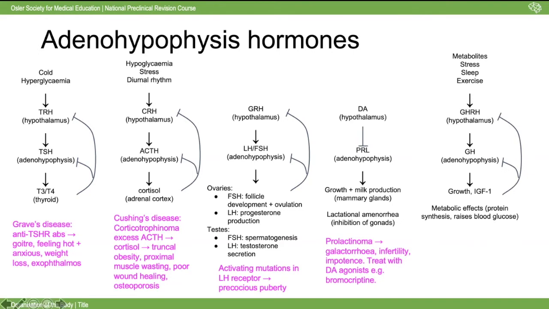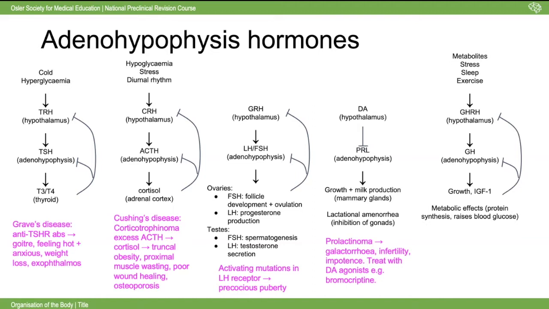Okay, and finally, growth hormone. So high levels of amino acids or other metabolites and stress, sleep, and exercise can all stimulate the release of growth hormone releasing hormone from the hypothalamus, and that stimulates the release of growth hormone from the adenohypophysis. And that in turn can stimulate growth via insulin-like growth factor 1.